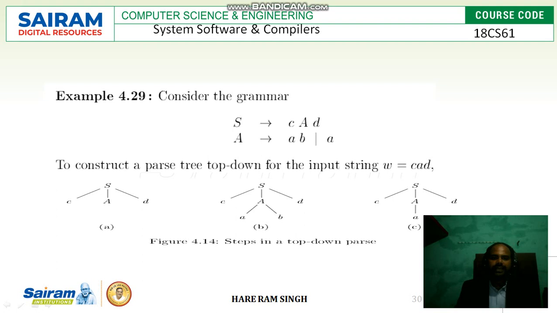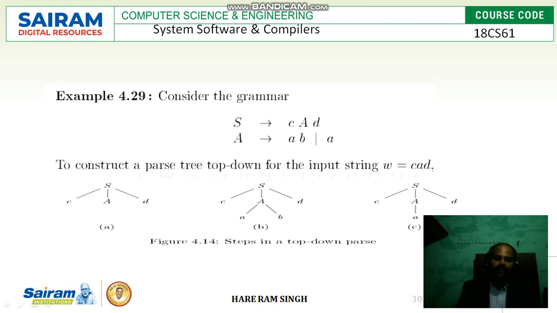So S generates cAd. Now A has two derivatives, one is ab and another is a. If we write A derives ab and match with our string, we get cabd, but here we need cad. So this A will not be replaced with ab.